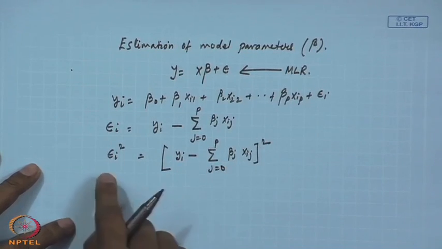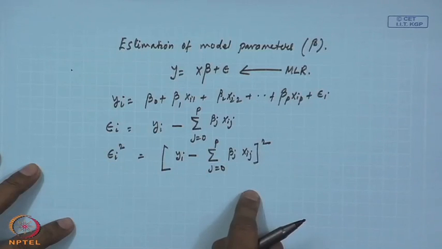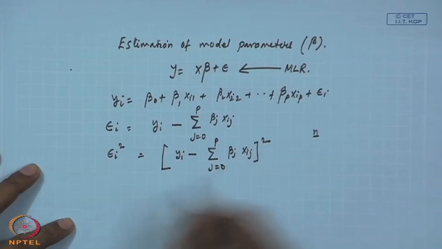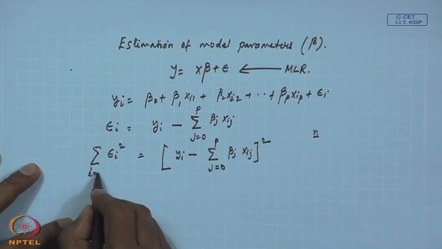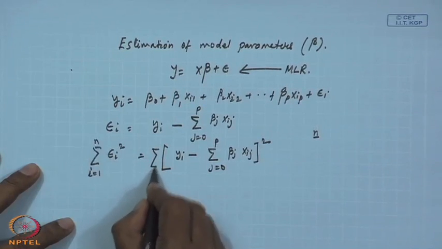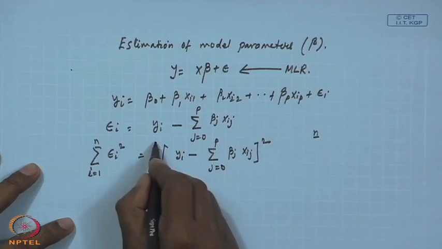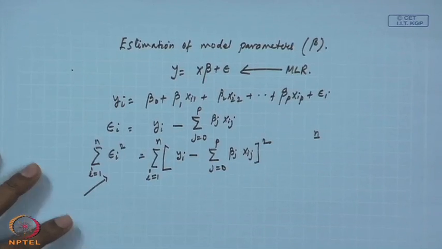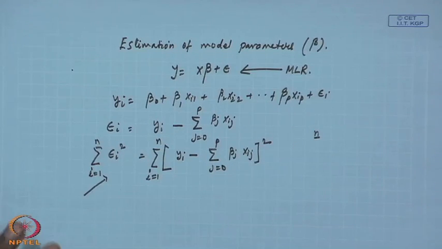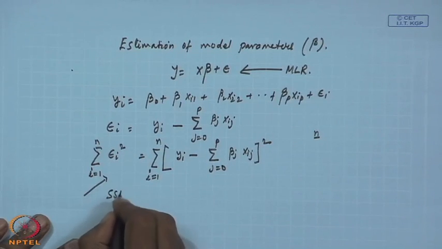This is for a particular observation, but we have n observations. So, if I take summation over n, what is this quantity? Sum of square errors. This one is SSE.